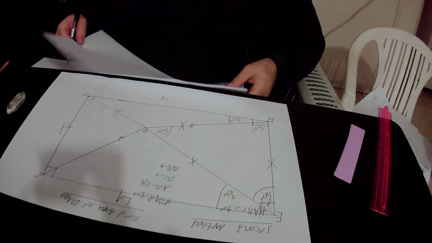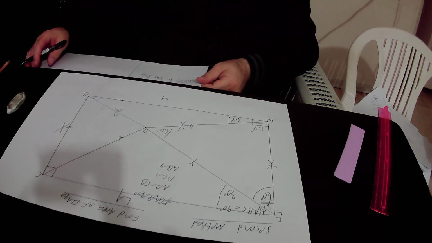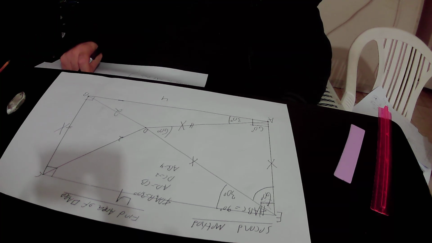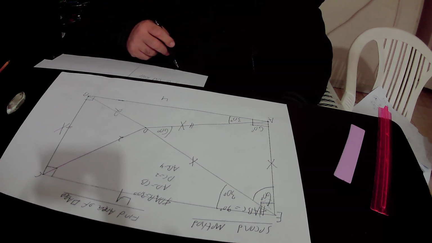Okay, and in the next step we will implement the law of cosines in triangle ADB.